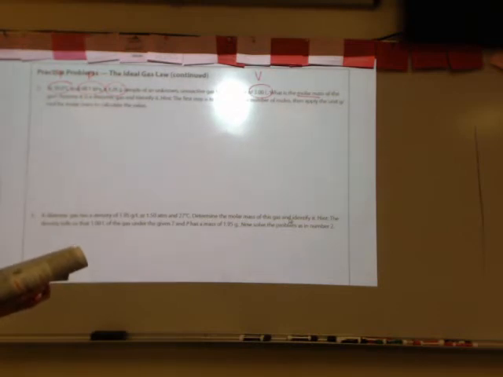The first step is determine the number of moles, then apply the unit grams per mole for molar mass to calculate the value.